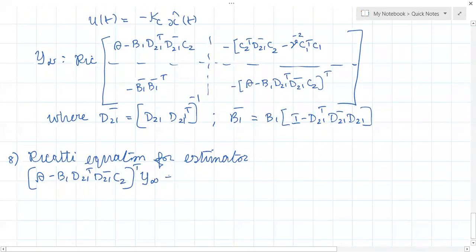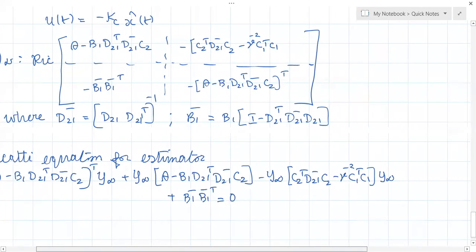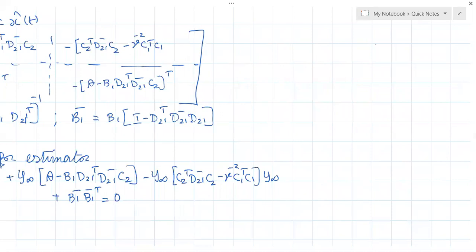Plus Y infinity into A minus B1 D21 transpose D21 bar C2, minus Y infinity into C2 transpose D21 bar C2, minus gamma raised to minus 2 C1 transpose C1 into Y infinity, plus B1 bar transpose, equal to 0.